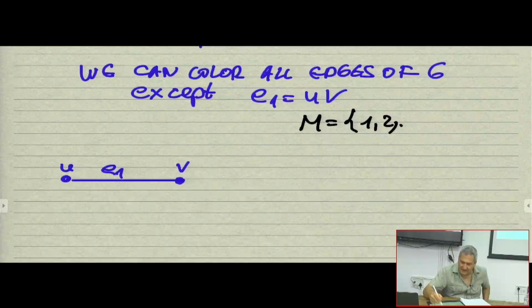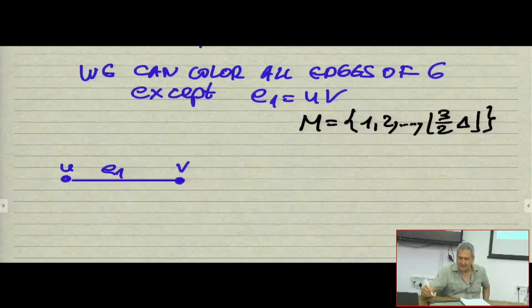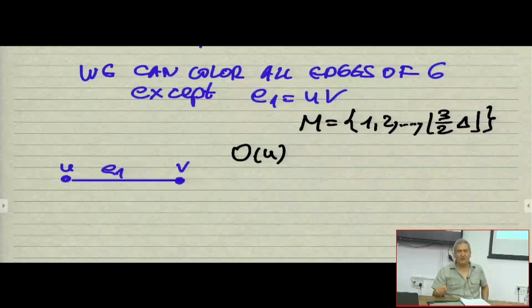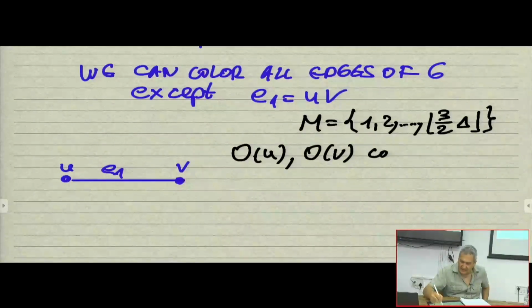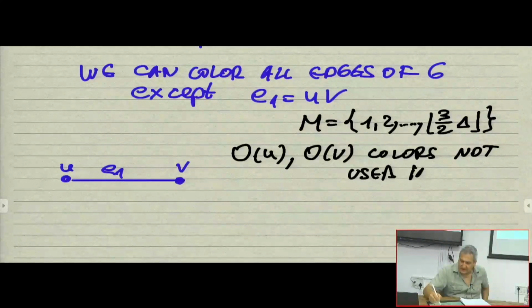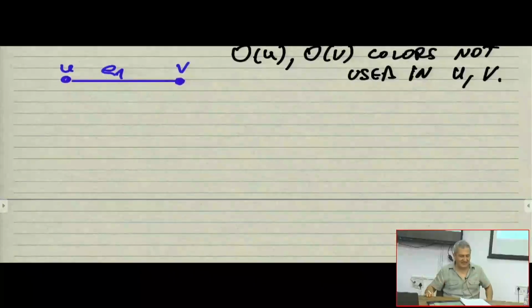The set of colors has size 3 delta over 2. For U, the set of colors not used at U, and similarly for V. Can you tell me the size of these sets?